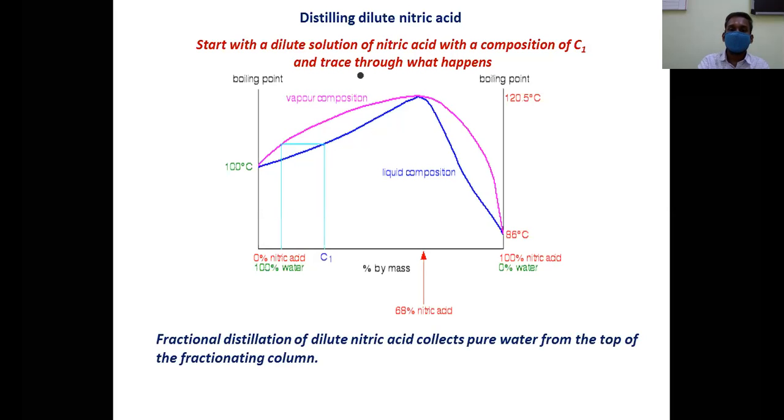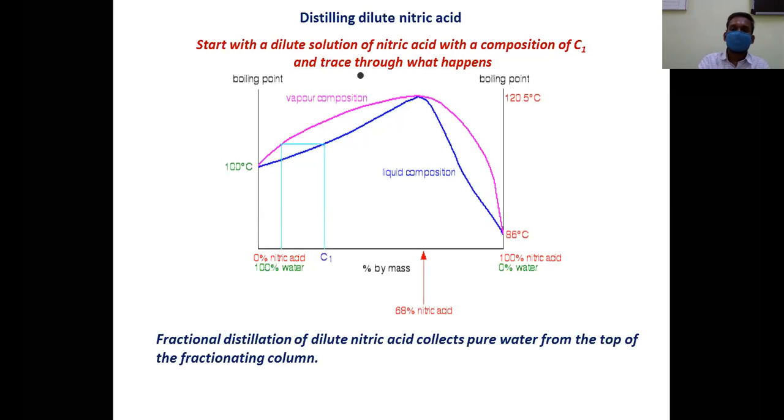So you go on doing this, you start distilling dilute nitric acid. Although nitric acid's boiling point is 86 degrees Celsius, it doesn't come out. Water comes out instead. You can collect pure water if you distill dilute nitric acid.